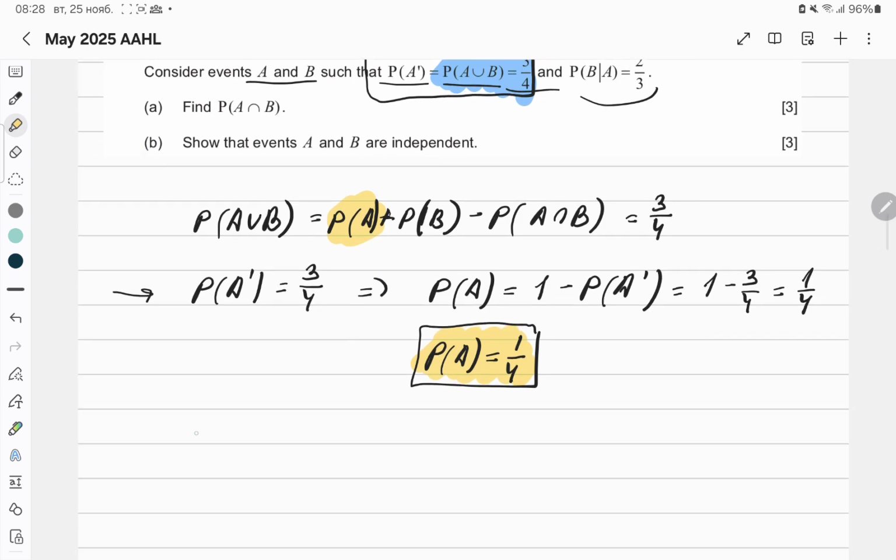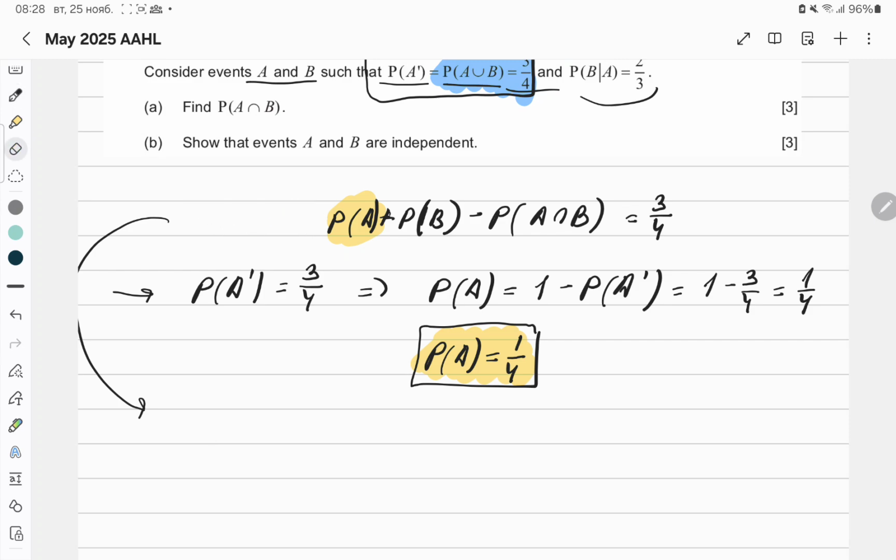We will plug 1/4 into that formula. I will continue it here; we don't need the first part. 1/4 plus P of B minus the intersection is equal to 3/4.